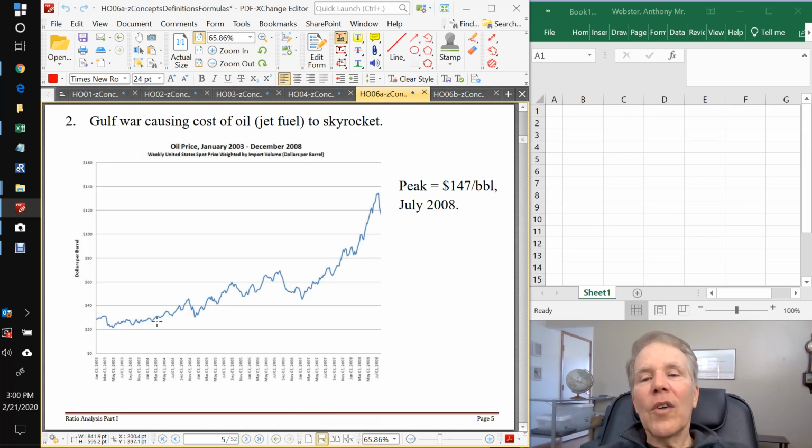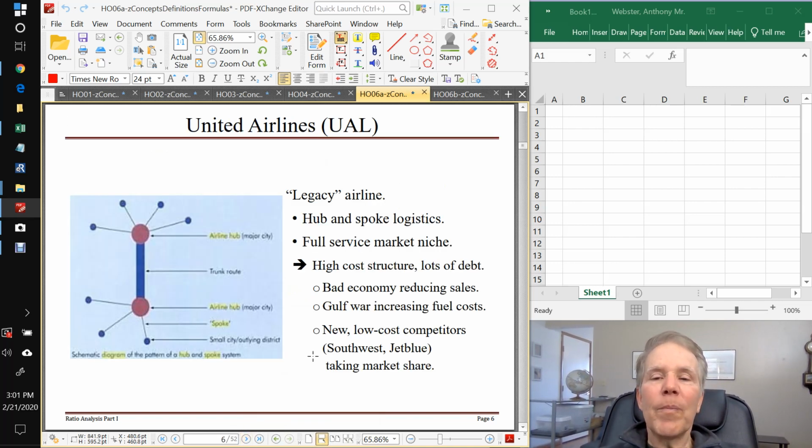Okay. Also, we were in the Iraq War, and a lot of Iraqi oil fields were shut down at the time. So there was less supply, big demand, a lot of fear that there would be even less supply. So oil was spiking up at this time, the price of oil. We looked at United's market positioning and logistics. Logistically, it was one of these old hub and spoke airlines. We talked about that.